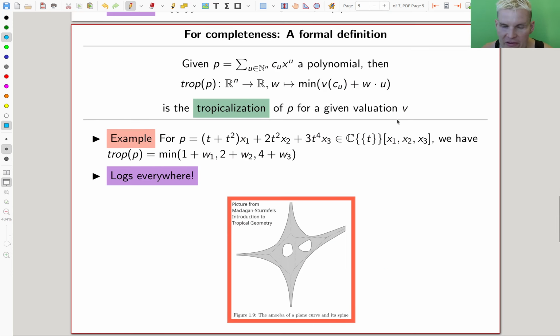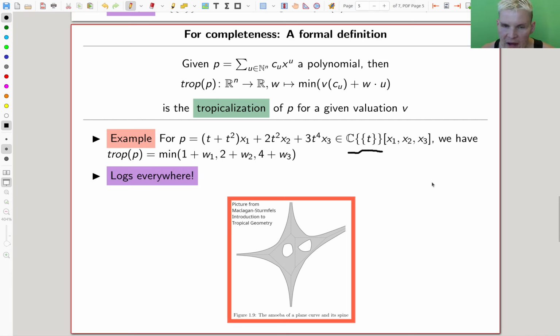So we are given a valuation, and we do it in a second together. You take this polynomial again, and the tropicalization is you take the min, and you take the valuation of the coefficient, and you pull down the exponent, taking the log of this thing. So let's say a standard example that you could have is something like this. Here the coefficients are from this funny ring, and these are the variables.